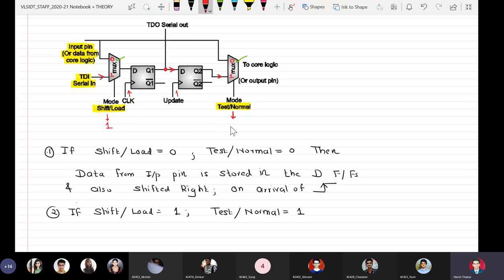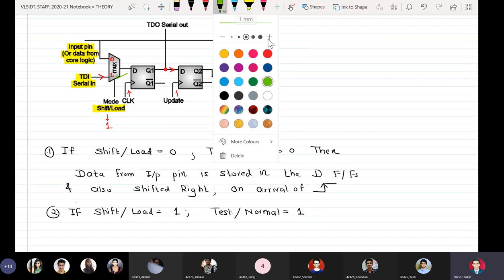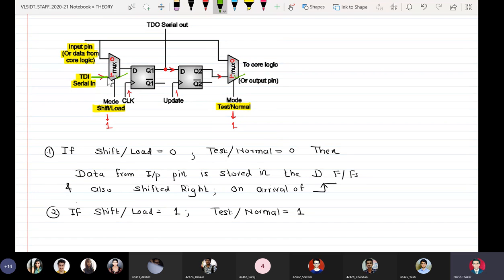This is 1, this is 1. Then this will be selected and this will be selected. Whatever data is coming from here will go here, and then come here.